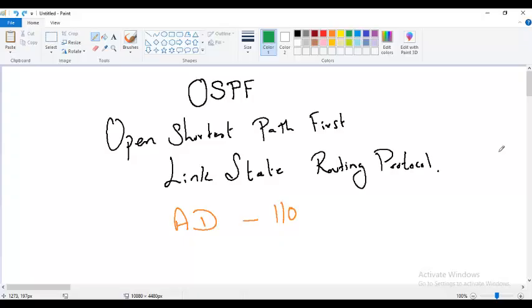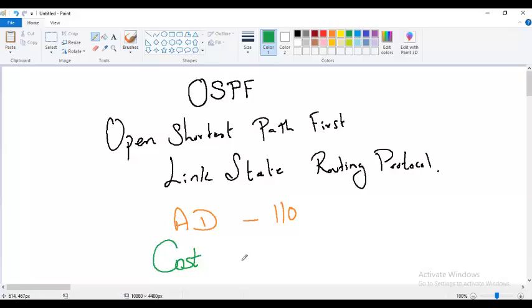Administrative distance is 110. Now what about the metric? Metric of OSPF is only one. We call it cost. Cost is the metric in OSPF. You can specify a cost.